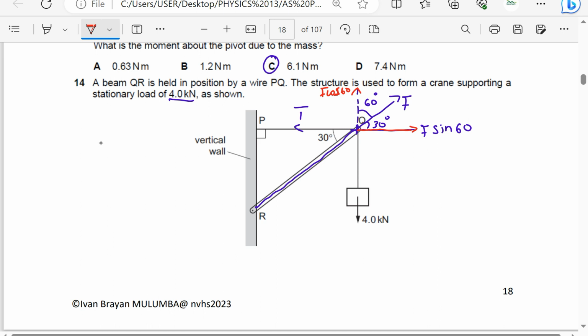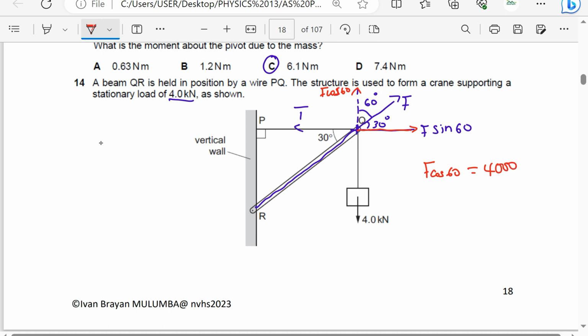So considering the vertical, F cos of 60 is equal to 4 kilonewtons, which is 4,000 newtons.